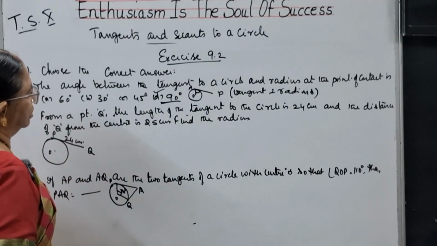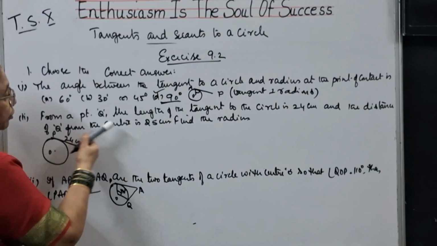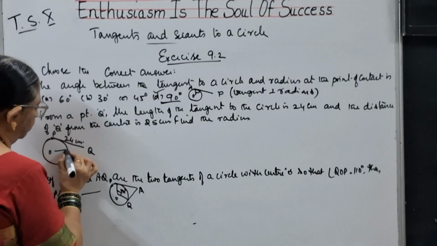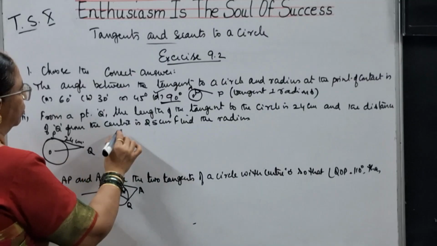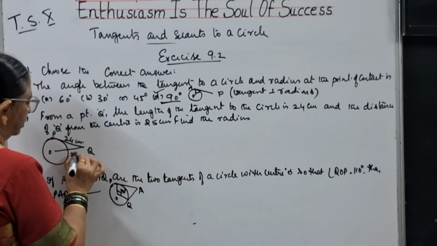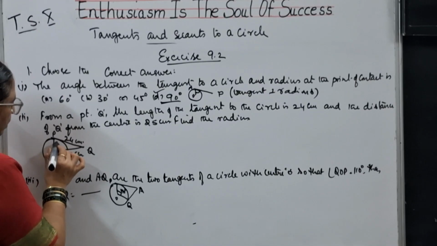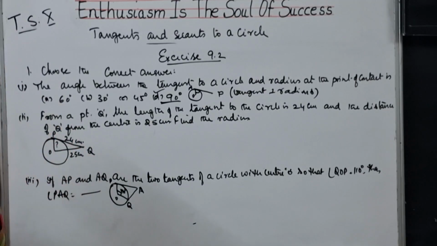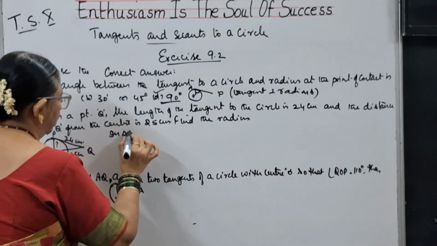And the distance of Q from the center they have given is 25 centimeters. Now, OP is the radius. What is this radius they are asking?